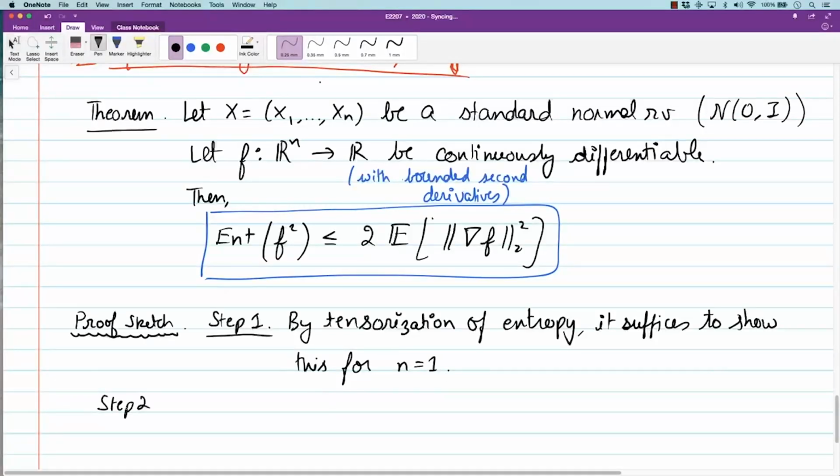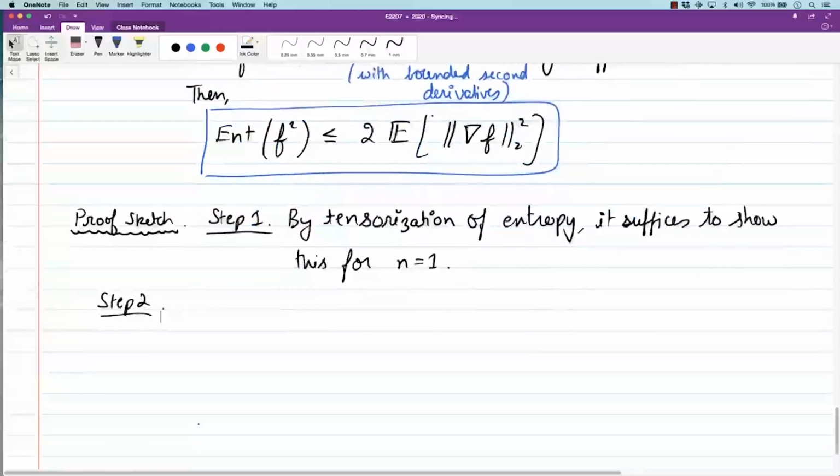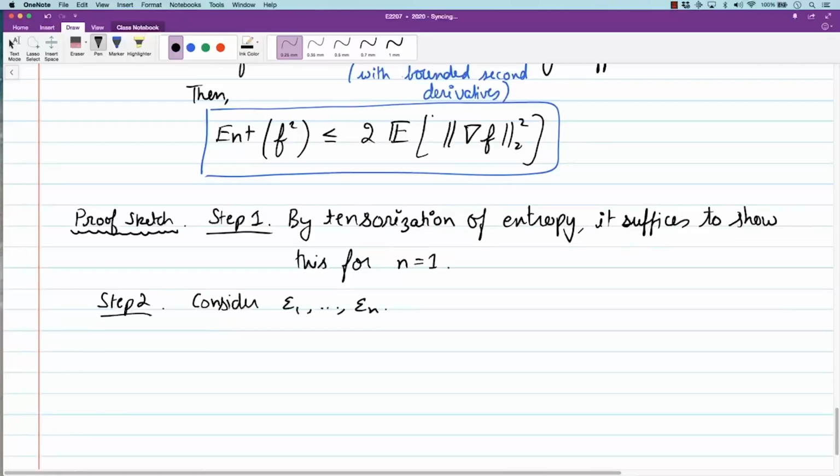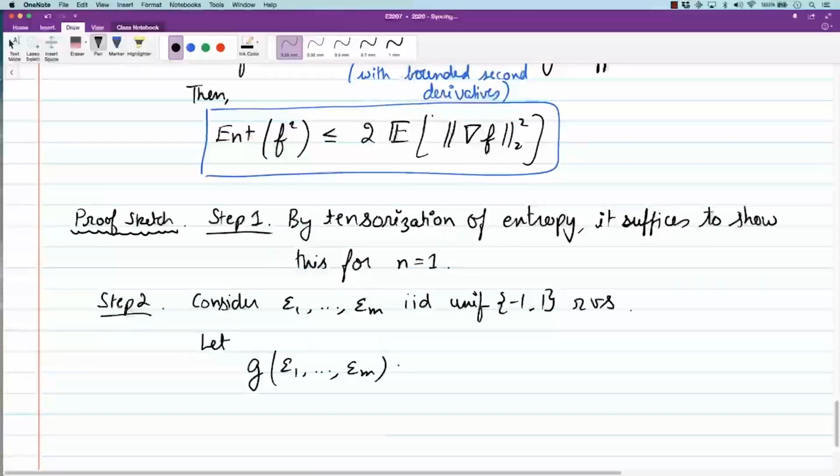And now step 2: we consider epsilon 1 to epsilon m, IID Rademacher random variables, and let g of epsilon 1 to epsilon m be defined as f of 1 by root m times the summation i equal to 1 to m of epsilon i.